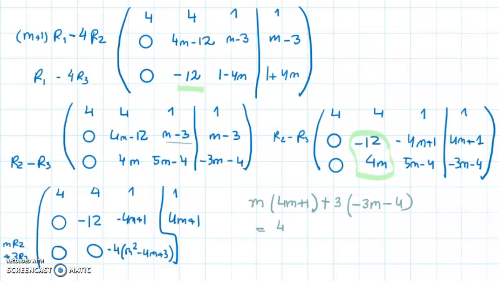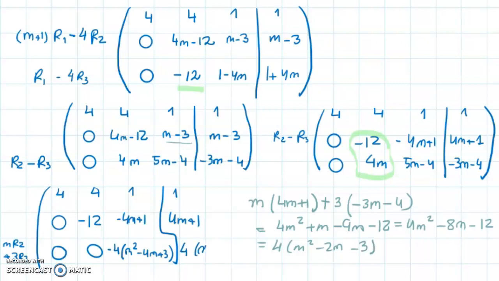So I'm going to get 4m squared plus m minus 9m minus 12, and this is 4m squared minus 8m minus 12. Again, I'm going to take common factor 4 and write m squared minus 2m minus 3. And that was the last entry I wanted to write over here.